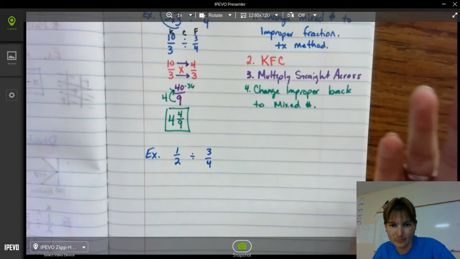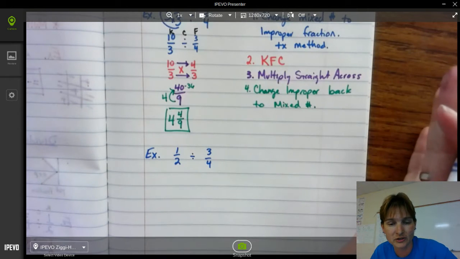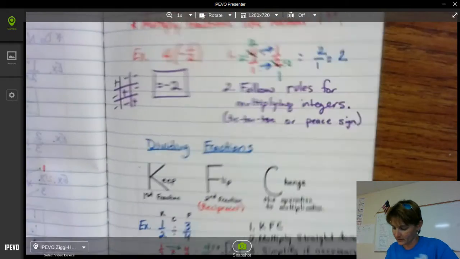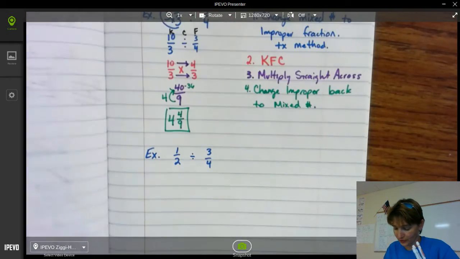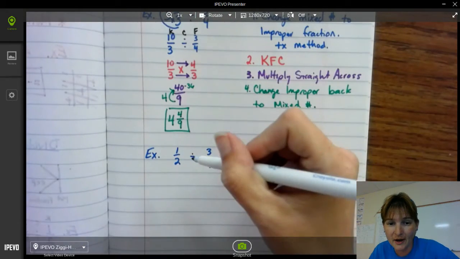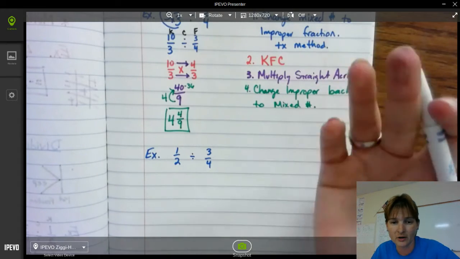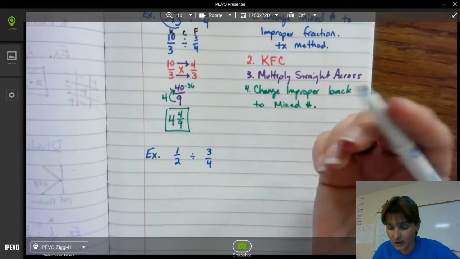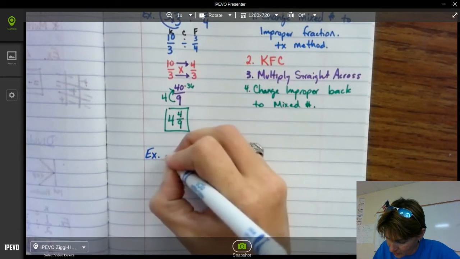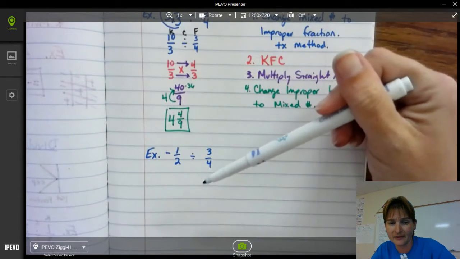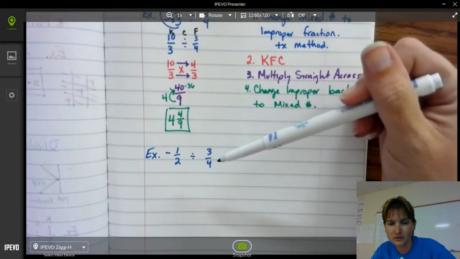That was our first example. Those are both positive fractions. We knew our outcome was, let me turn back and look, 2/3. Okay, but I want to know, what do we do when we put in a negative? So let's make this first fraction a negative. So now I have -1/2 divided by 3/4.